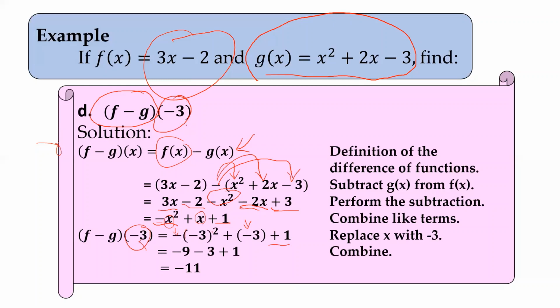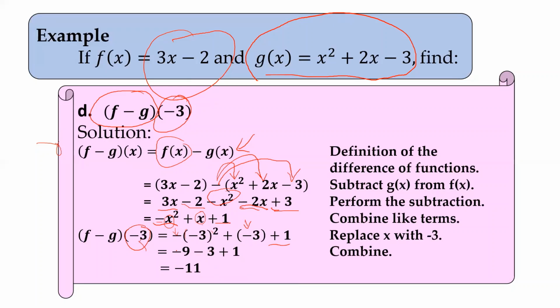Simplify further. We have here, yung negative 3 muna, square natin. Negative 3 squared, that would give you 9. Bring down mo lang yung negative, that's why negative 9 siya. And then, positive times negative 3, that would give you negative 3. Bring down plus 1. Simplify further your answer.